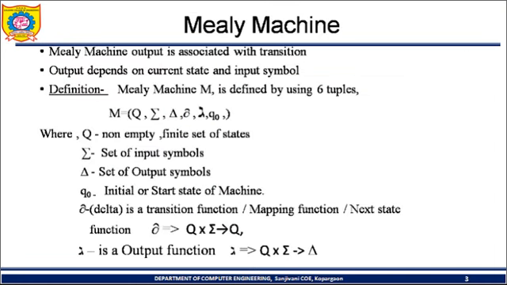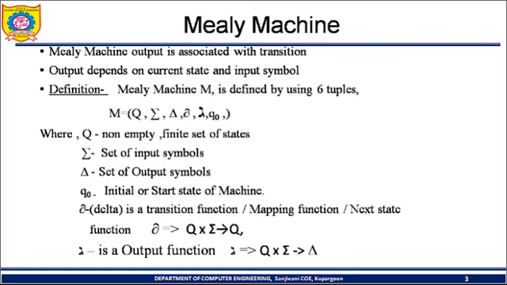Here we know that for finite automata with output, there are two machines: one is the Mealy machine and the other one is the Moore machine. In the case of a Mealy machine, output is associated with the transition, or we can say that output depends on the current state and current input symbol. That will decide what the output is in the case of a Mealy machine.